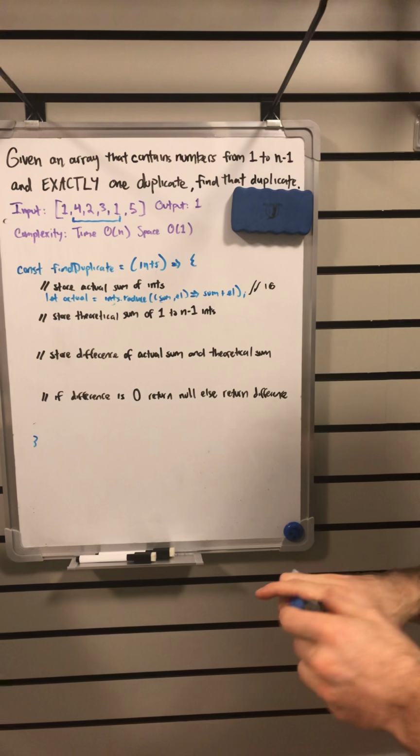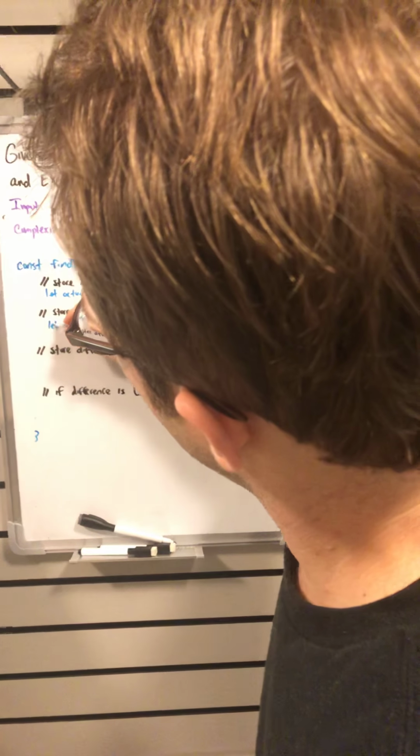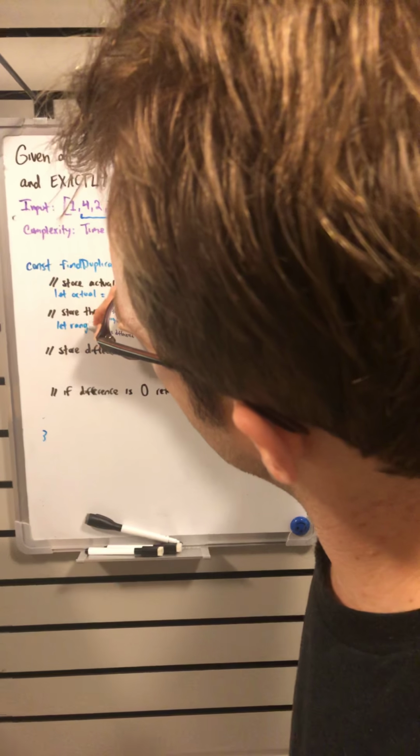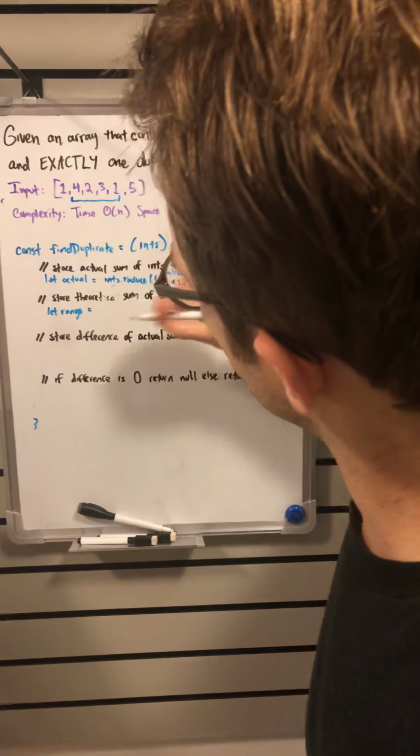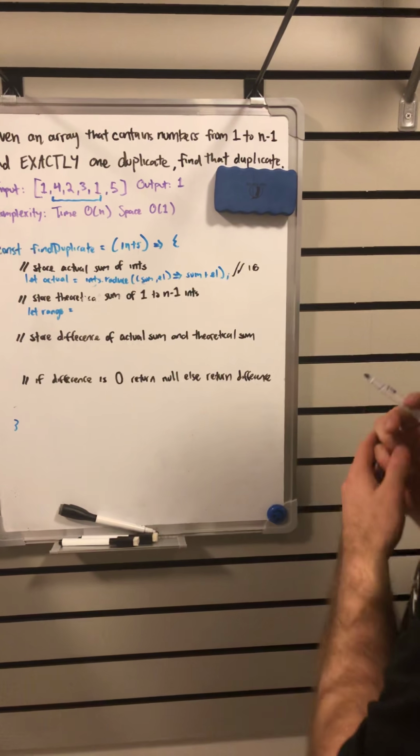So then the next step is we want to store the theoretical, or we could say range. This is what the range ought to be. So we're going to store the theoretical sum of 1 to n minus 1.